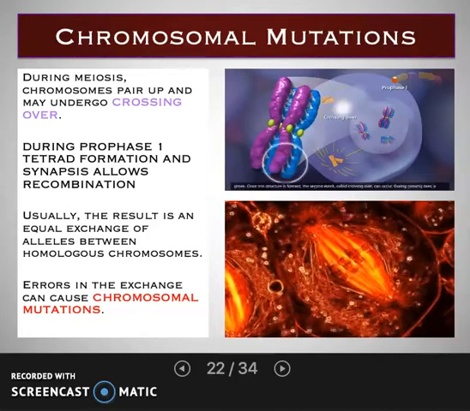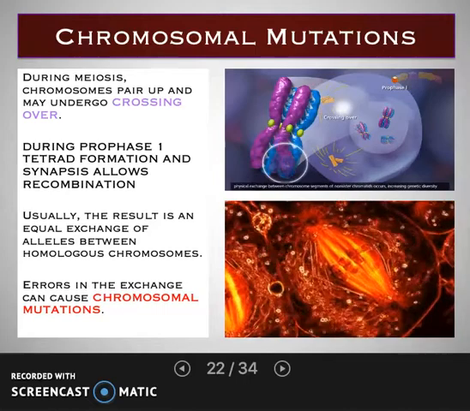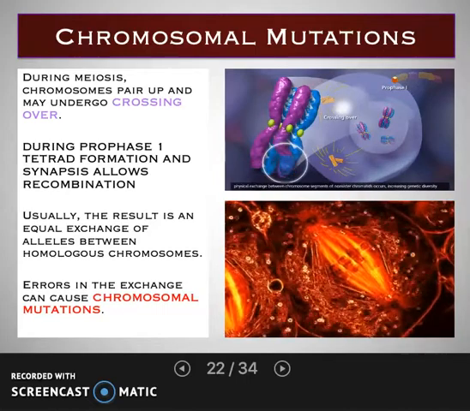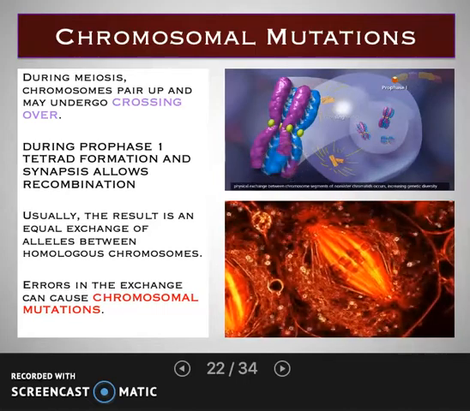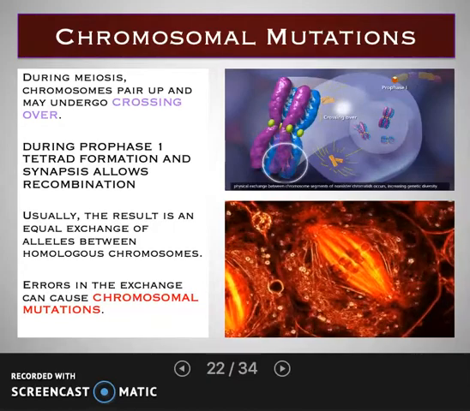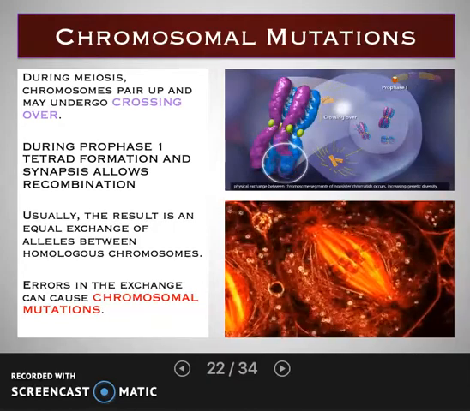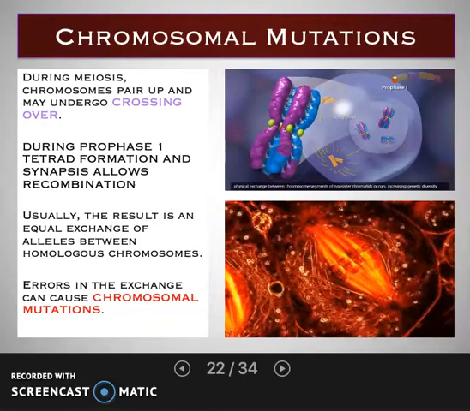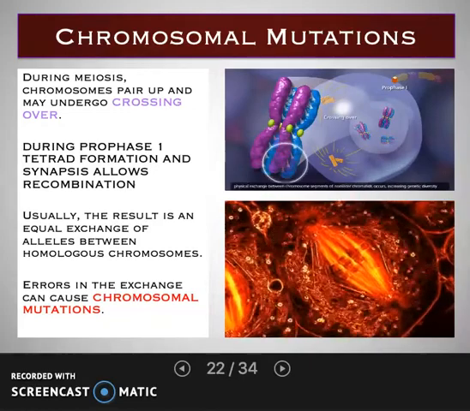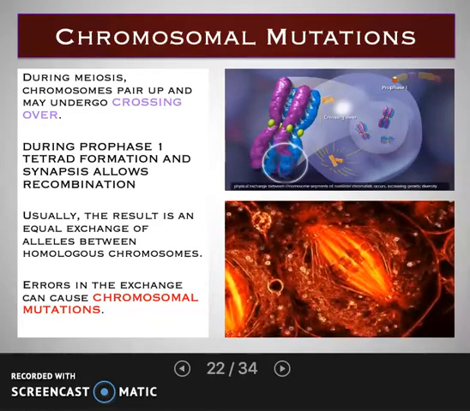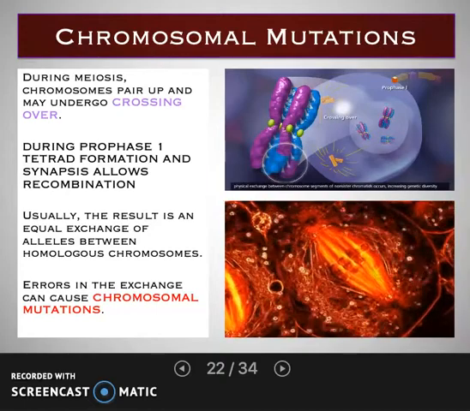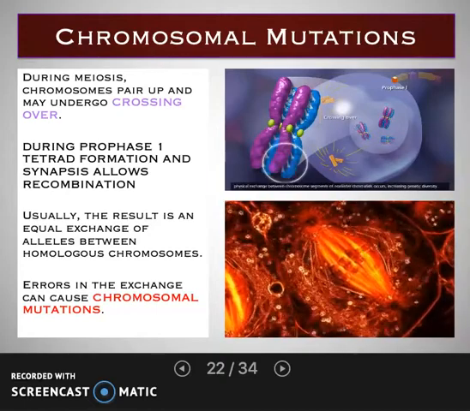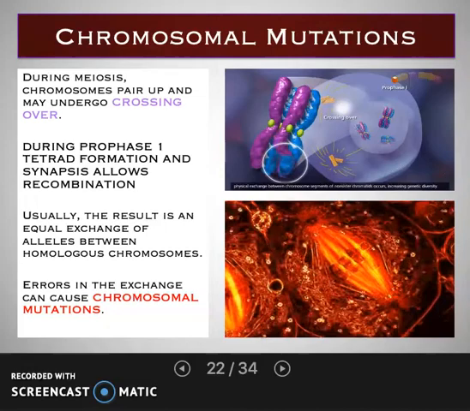Remember that when I make gametes, I use the process of meiosis to make my sperm or my eggs, depending on whether I'm a male or a woman. And one of the important differences between the cell division in meiosis and the cell division in the process called mitosis is the fact that I literally exchange parts of chromosomes during prophase 1.